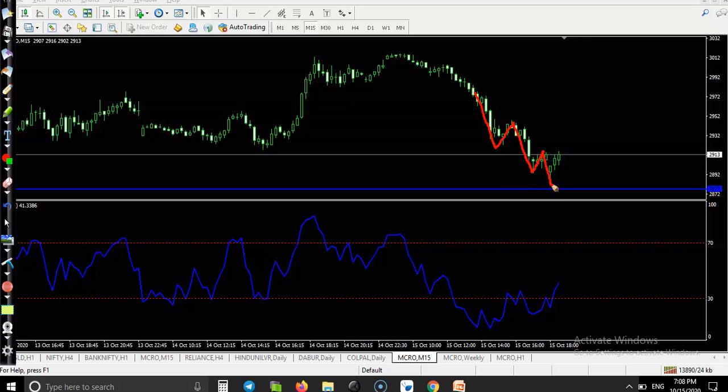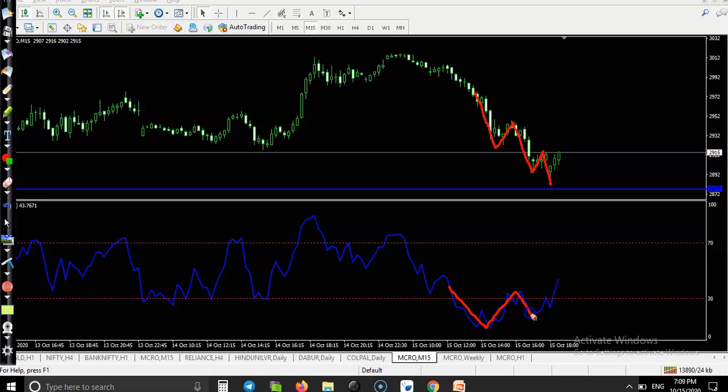But RSI formed a lower low, lower high, but next it was not able to create a lower low, it created a lower high. Have you seen it? It means right now RSI is indicating that price is diverging.